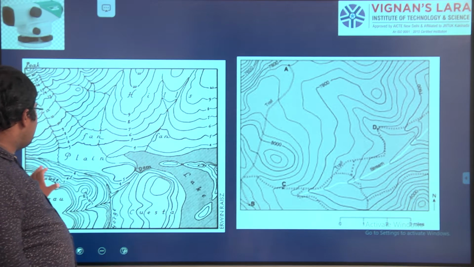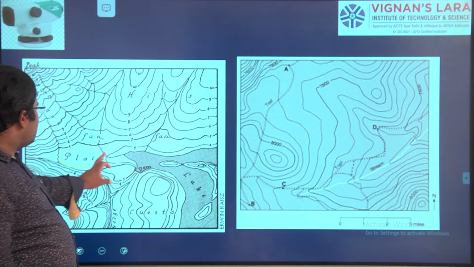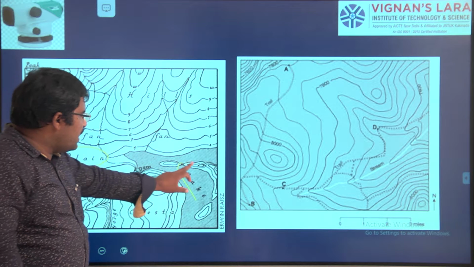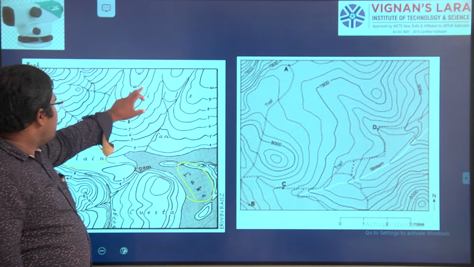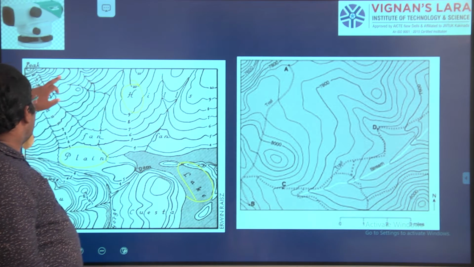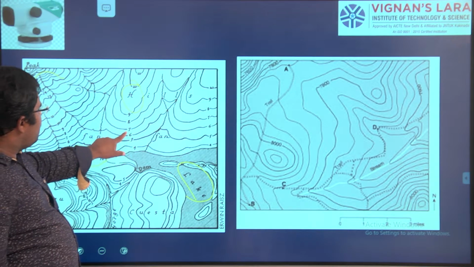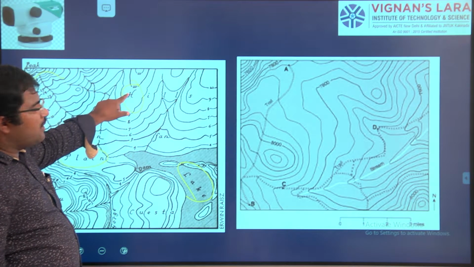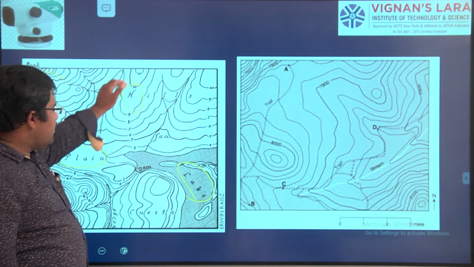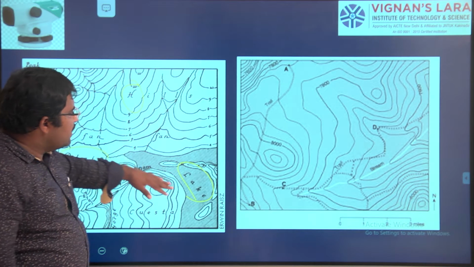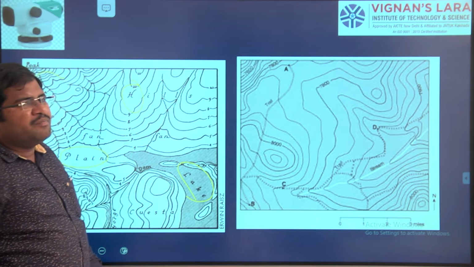Here you can see this is given as plain. This is marked as lake, and this is a higher level, and here you can see values are increasing: 4, 5, 6, 7, 8, 9, 10, right? That means it is a hill. Then it is a lake, and the values are going to decrease.